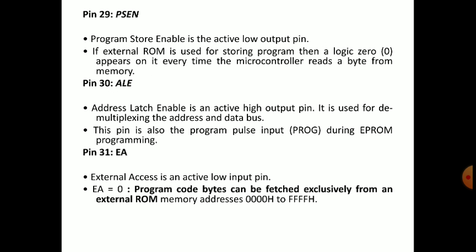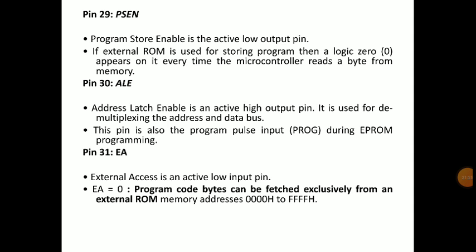That means you have to give the input as 0, then only it will be activated. If external ROM is used for storing the program, then a logic 0 appears on it every time the microcontroller reads a byte from the memory.